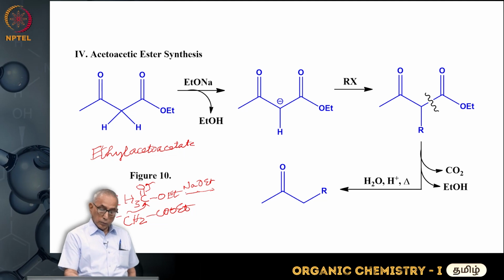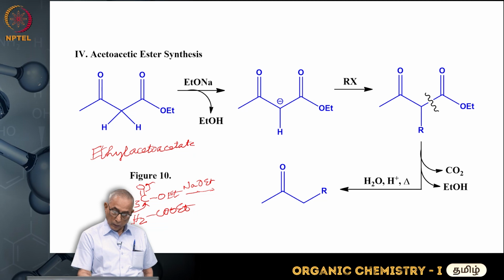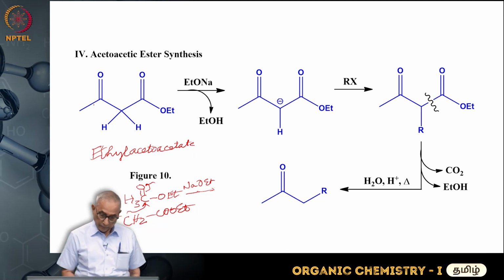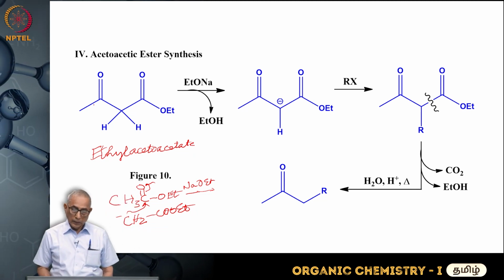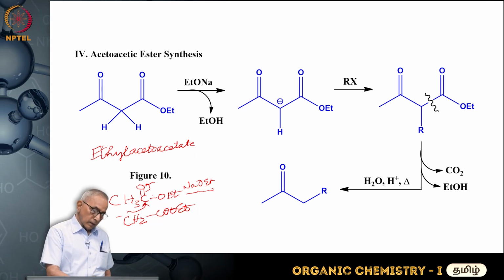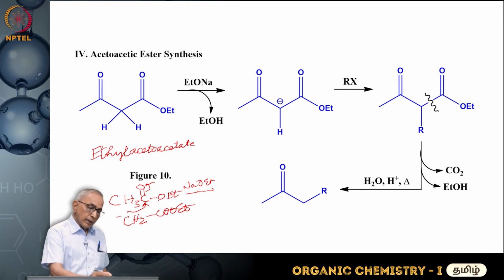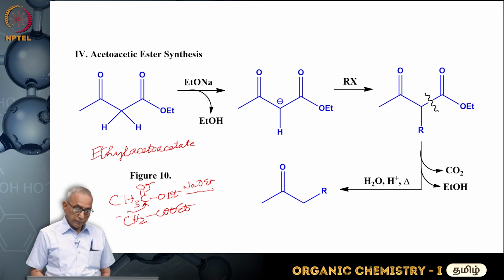Therefore, you have CH2 COOEt and this one will eliminate the OEt to form the double bond. Essentially, this is similar to 2 hydroxy groups. Instead of 2 hydroxy groups, you have a hydroxy group and an ether group. The ether group is expelled and you get the acetoacetate.